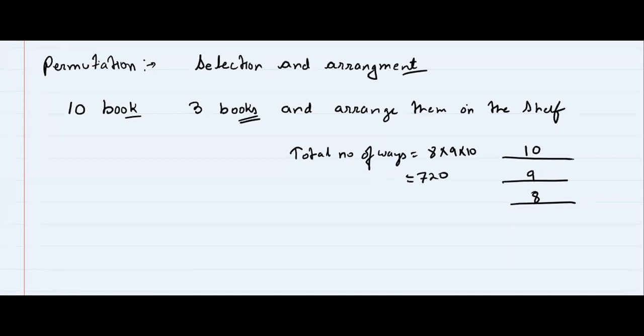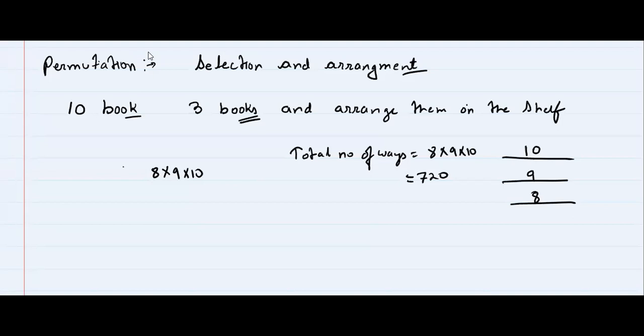But if I want to write 8 into 9 into 10 as a factorial, can I do that? Not like this, right? But can we do something so that it can be converted into factorial? Think about it.